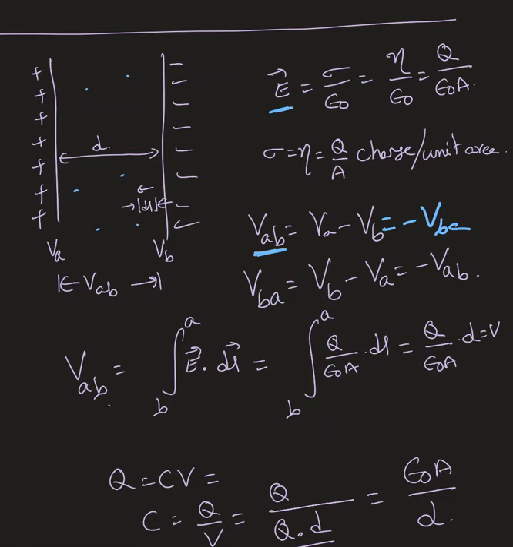Now V_AB, the potential difference between these two, we know that V equal to E times D, where D is the distance between the plates.